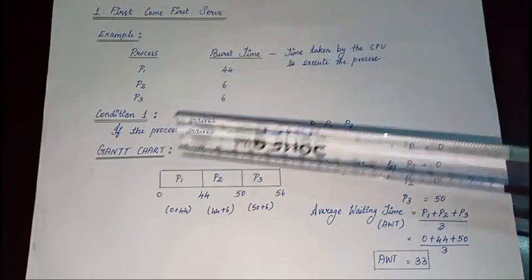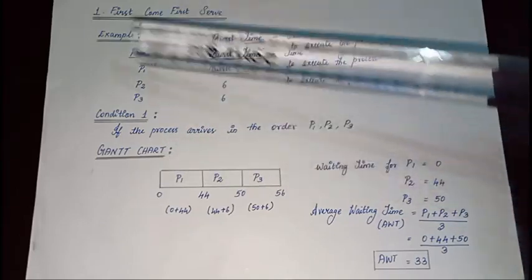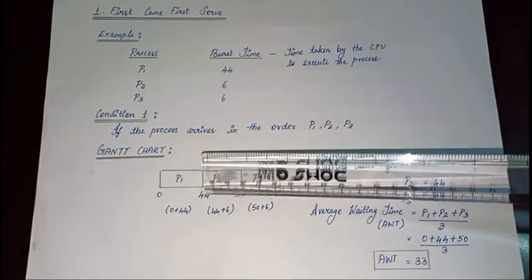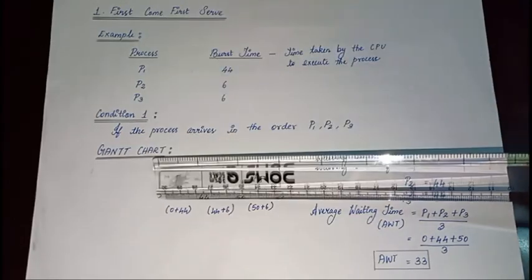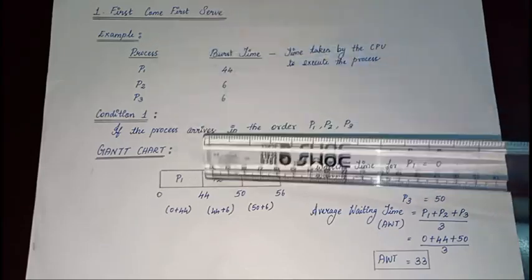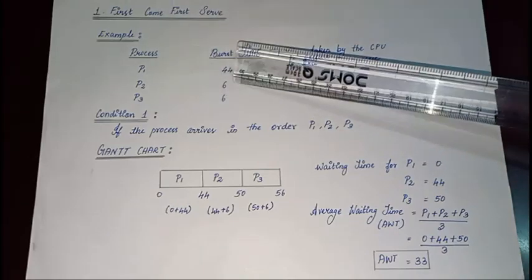Let us take the chart for calculating the waiting time of each process and the average waiting time. Let us make the table. We have three processes, P1, P2 and P3. P1 has a burst time of 44, so we indicate 44 here. Initially it starts with 0, and now we have 44 for P1. Now let us consider P2, which has 6.